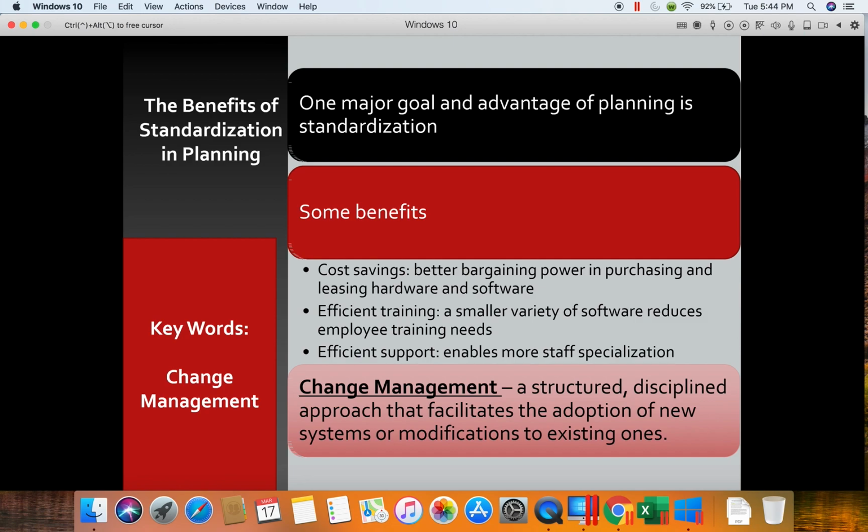Now, IT professionals have learned that they need to take advice from those end users. They know what they need to do and what they need to have to complete their jobs. And so incorporating them in the process is likely to increase the success rate of those projects.